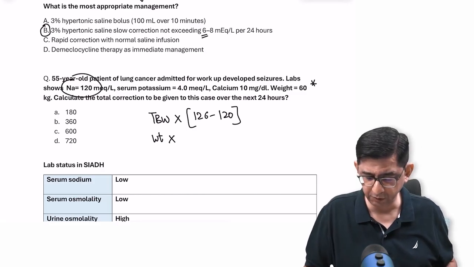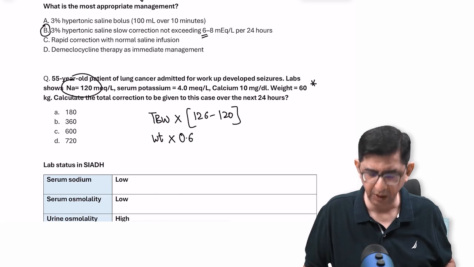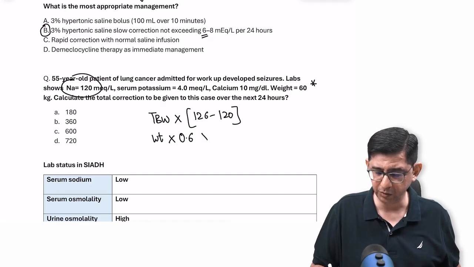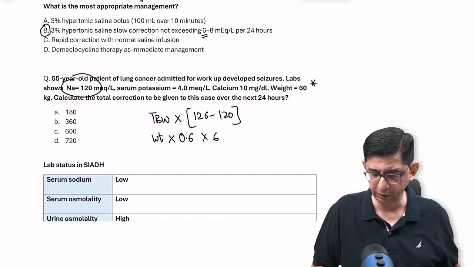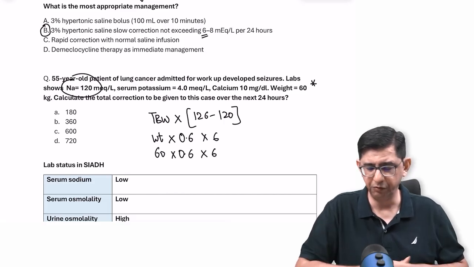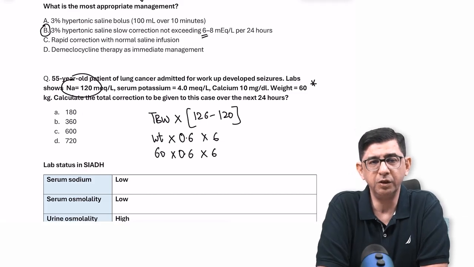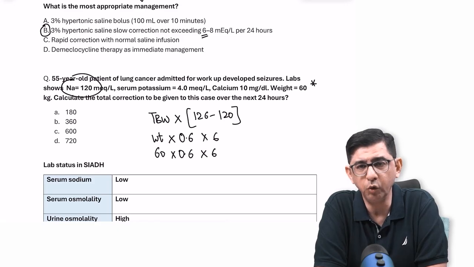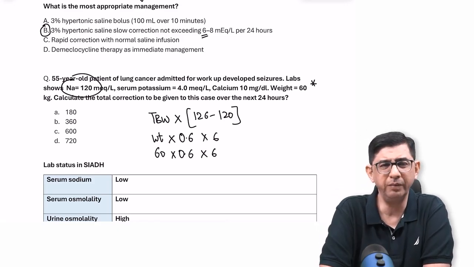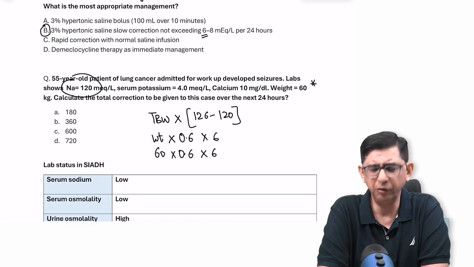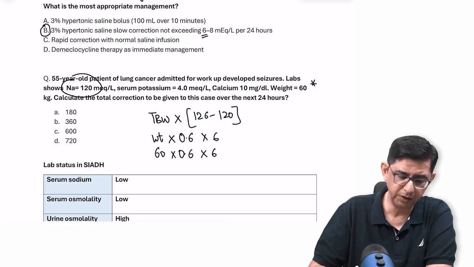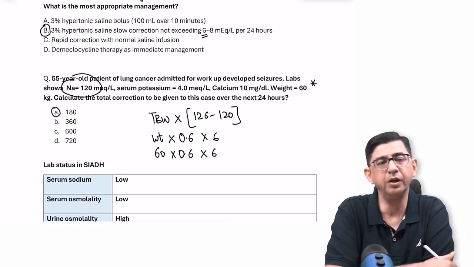So for men, it is 60 into 0.6 into 6 only. My mathematics is bad, but I think we will still be able to figure out the data. If it was a female patient, I'll read it again to see if there's any female description given. No, there's no gender given. So we're taking a male smoker, and for the mathematical calculation it will turn out to be 180 milliequivalents. So I will give the lowest possible correction.